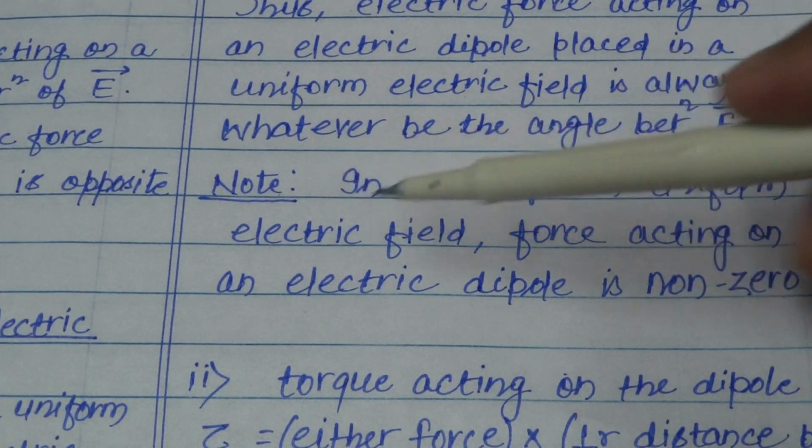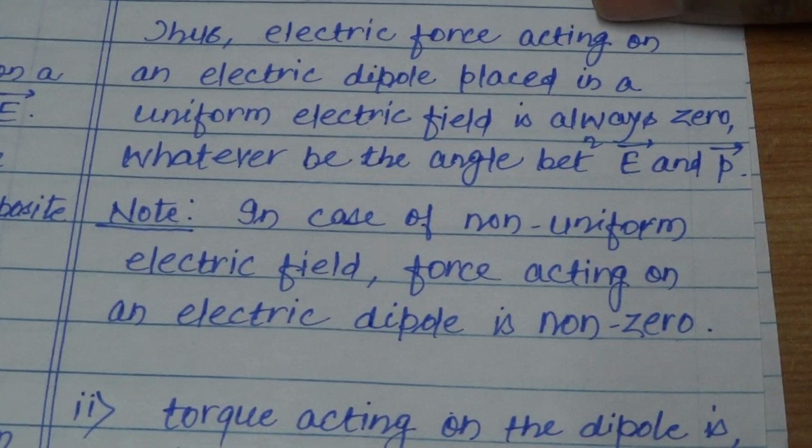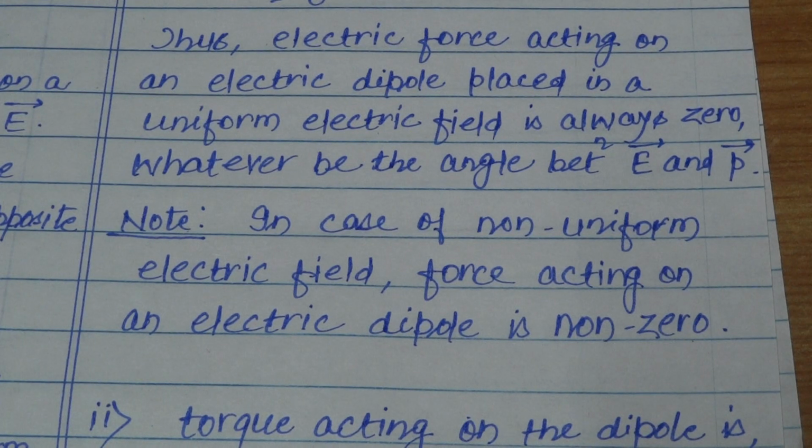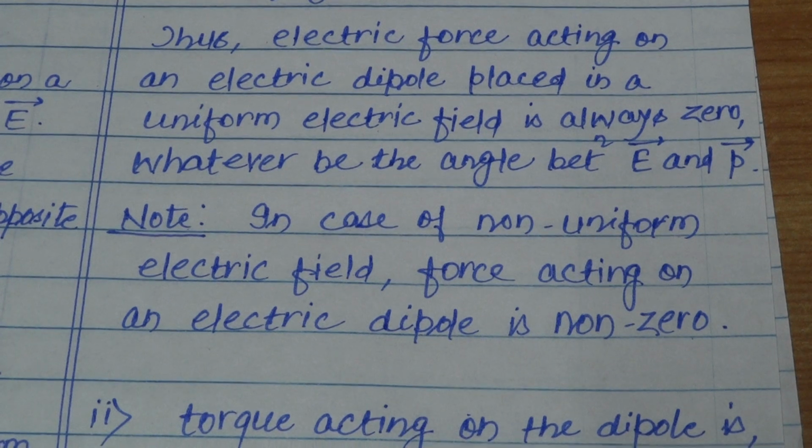One important point is here. If the electric field is not uniform, rather it is non-uniform, in that case the net force will be non-zero.